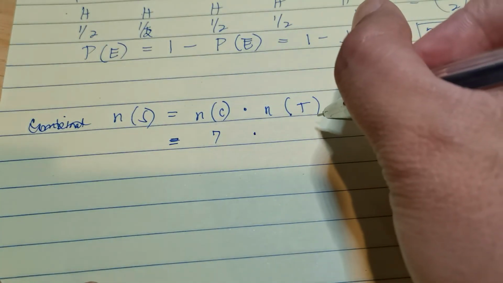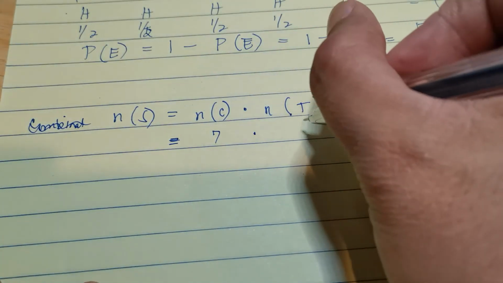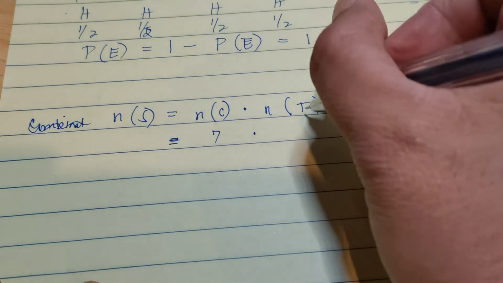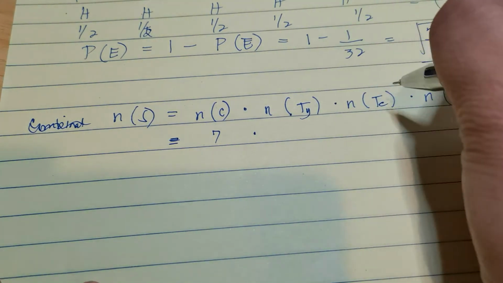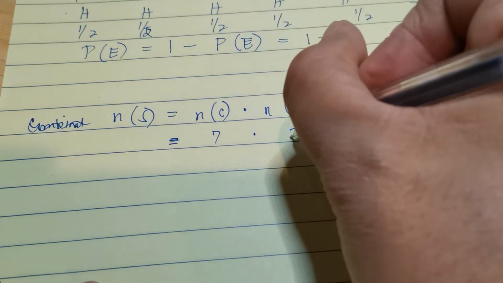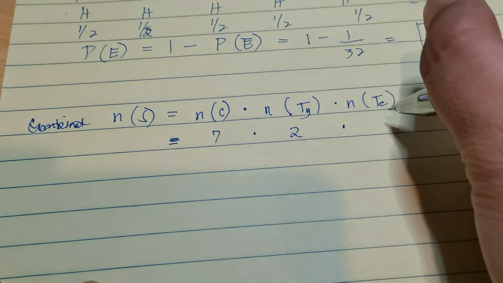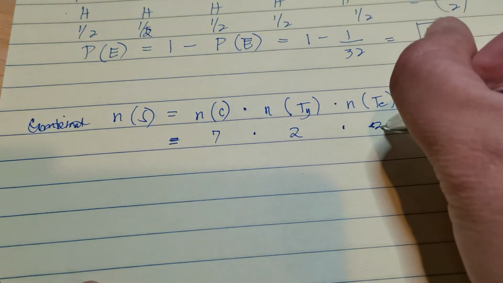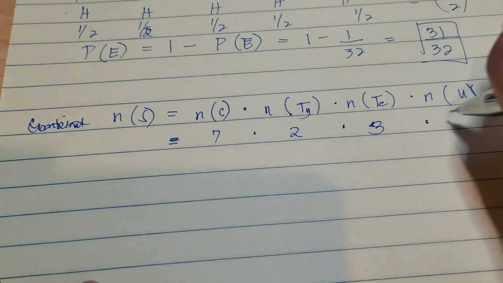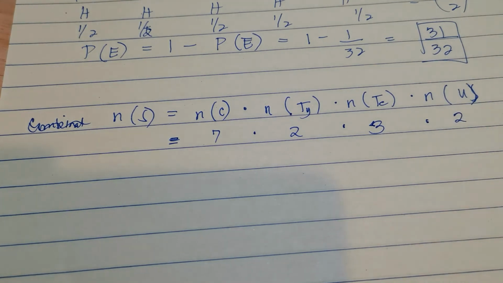And then, we have the number for color. Ilang color yun? 7. Times, ilang type yun? 2. Times, ilang texture? 3. And then, use ay dalawa din. Okay, so if you're going to multiply that all, we have 7 times 2 times 3 times 2 equals 84.